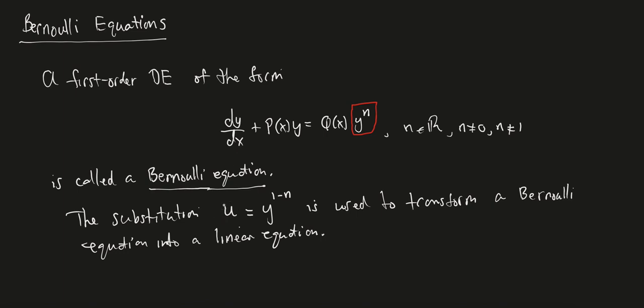So we need to figure out how to convert dy/dx into du/dx, and the y will be converted into u. This equation will essentially take care of that. And then also, our resulting equation shouldn't have the dependent variable raised to a power that's different from 1.